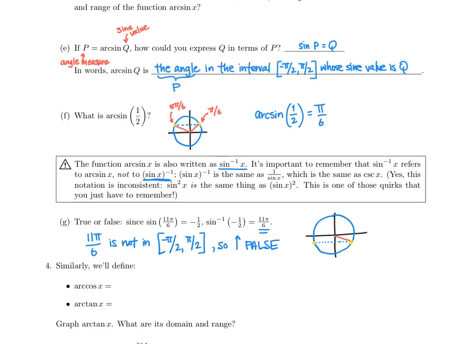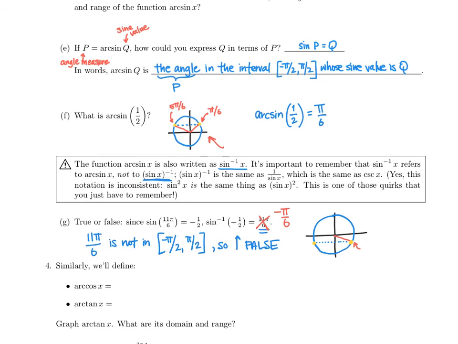But remember that arc sine returns the one between negative pi over 2 and positive pi over 2. This one right here is going to be negative pi over 6. It is the reflection of pi over 6 down into the fourth quadrant in the plane, right? Because we had dealt with pi over 6 up here. This is going to be negative pi over 6. So this would be negative pi over 6 if we wanted to turn that into a true statement.